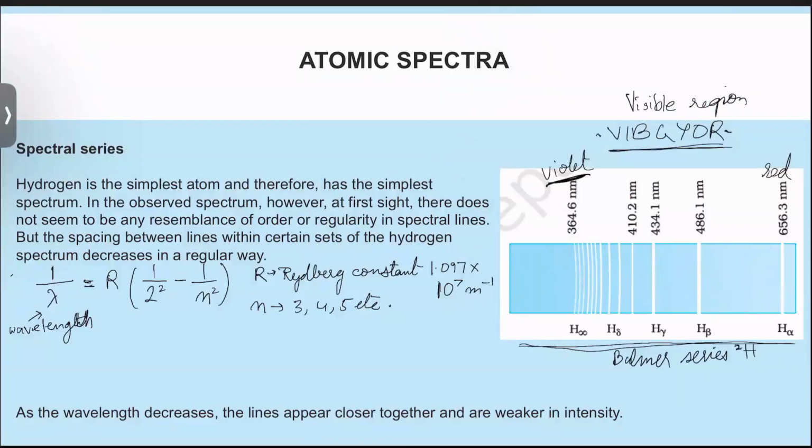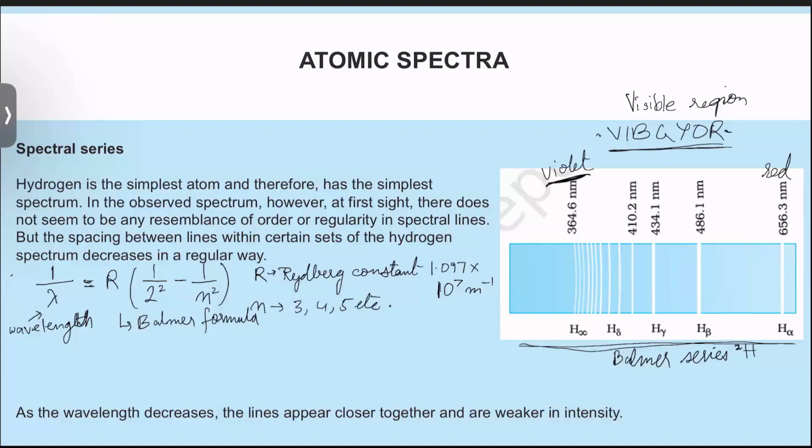Now, since we are talking about the Balmer series, this empirical formula is given by Balmer himself. This is called the Balmer formula.